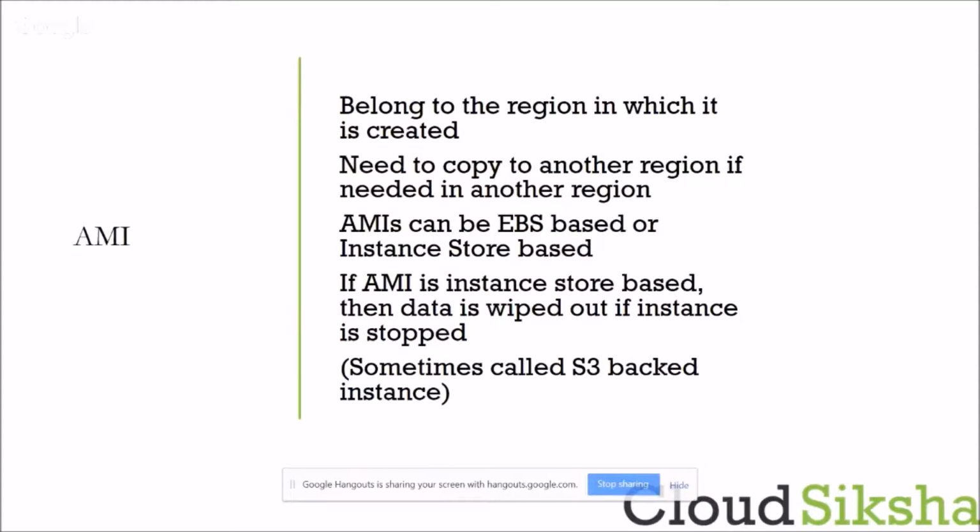Most of you, if you are using the free tier and the T2 micro for all your experimentation, may not have seen instance store AMI, because the AMIs we get for T2 micro are mostly EBS based. So we use EBS based, but there are certain instances which have instance stores in them, and those instances can use instance store based AMIs.